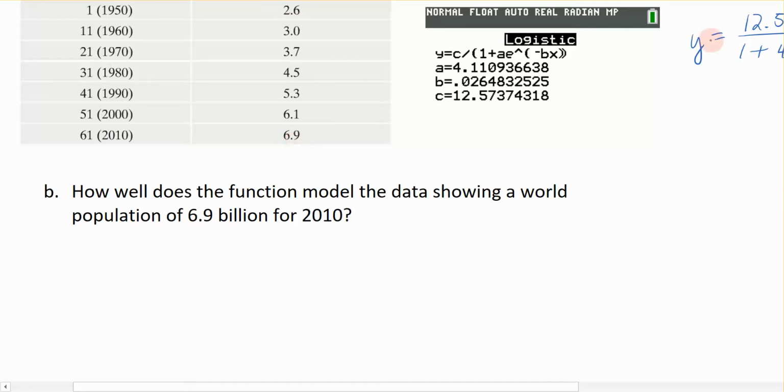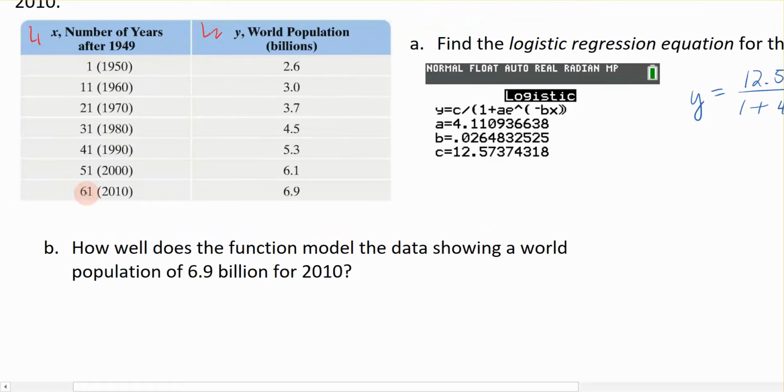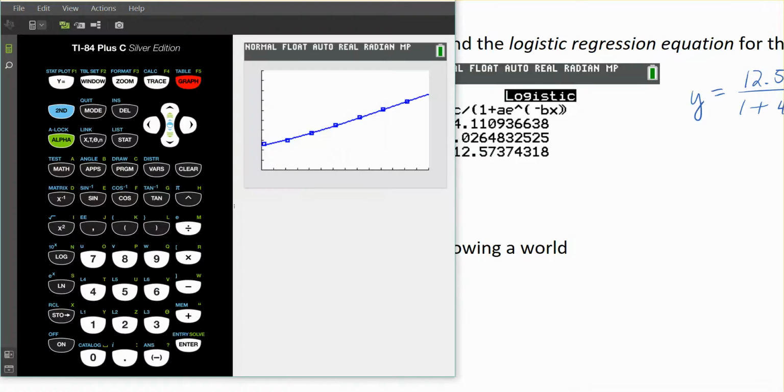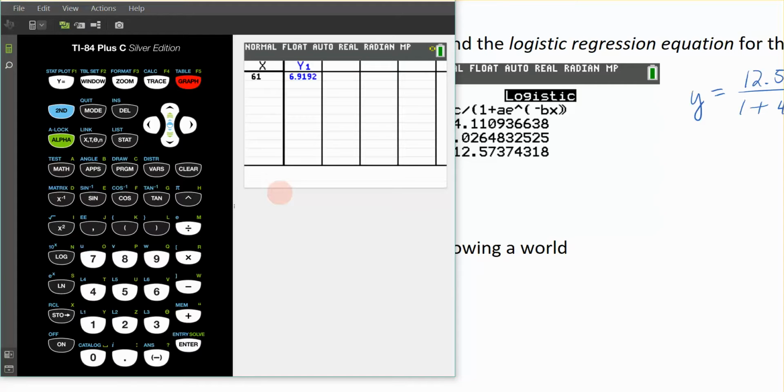Now, how close does my model come to these numbers that are right here? An easy way to do that is to take this value for x and plug it into the table in my calculator. Because my equation already exists in the y equals, all I have to do is go to second table, and I am going to get rid of that value so that you can watch me do it better, and we'll do it again.